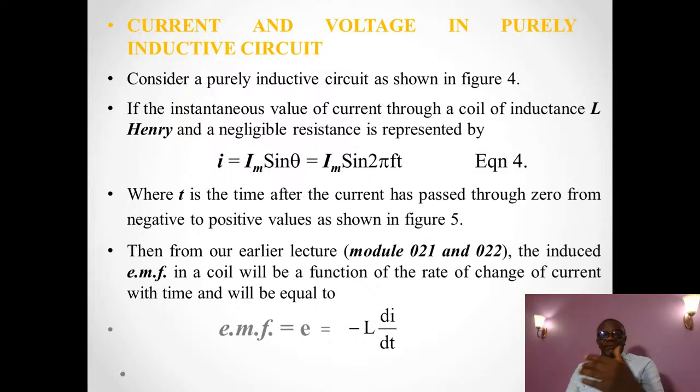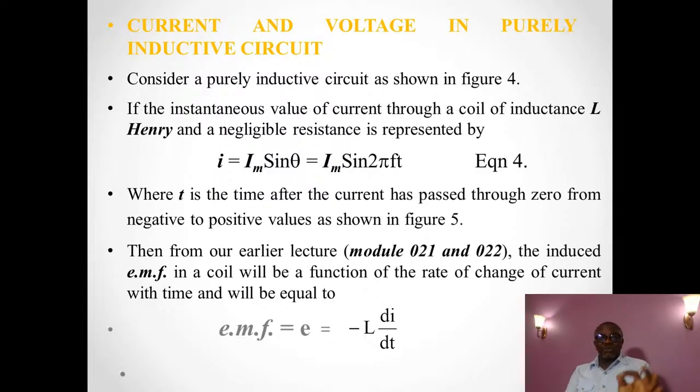So we can also look at the current and voltage in a purely inductive circuit. Now, say if we consider a purely inductive circuit, as shown in fig 4, if the instantaneous value of current through the coil of inductance L Henry and a negligible resistance can be represented as small i.